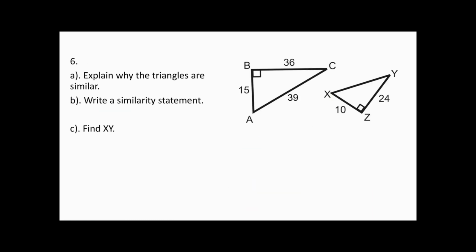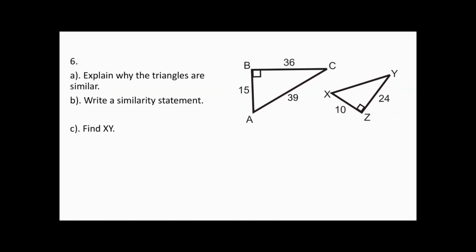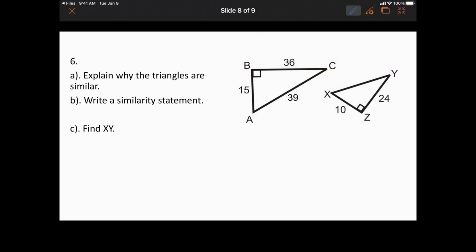All right. Explain why the triangles are similar. Well, this side I'm given two sides and an angle. So that looks like it's going to be side angle side. So again, let us check. So 15 is going to go with 10.